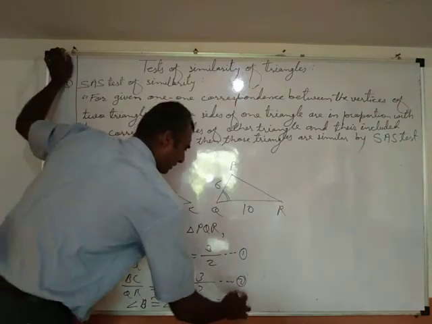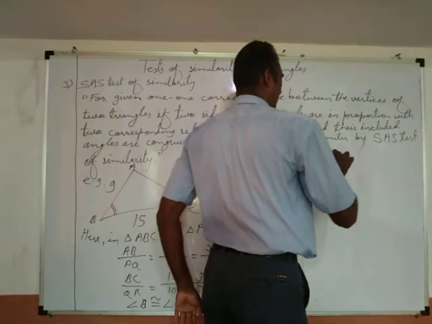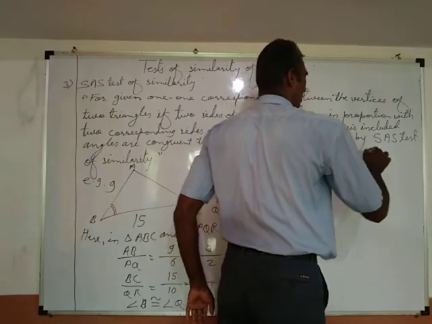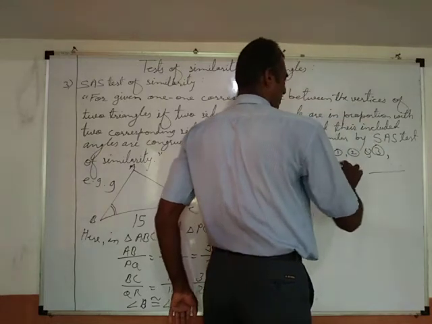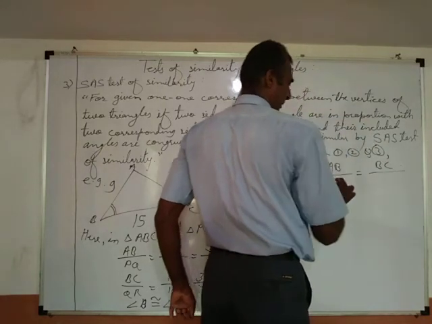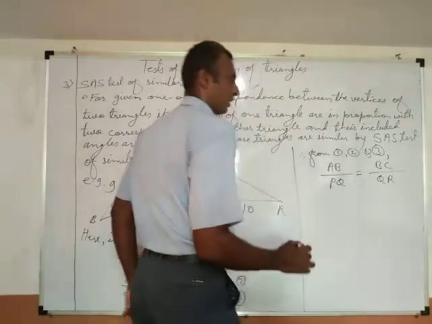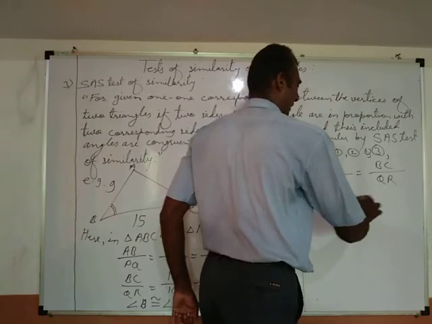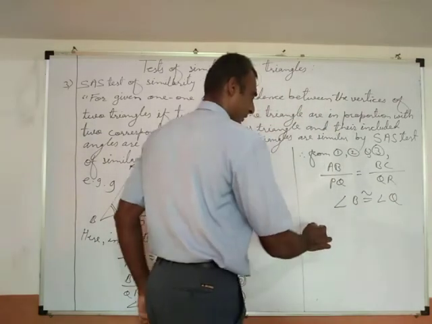Let's call it as number 3, and therefore from 1, 2 and 3 we have two sides of one triangle are in proportion with two corresponding sides of other triangle, and their included angles are congruent.